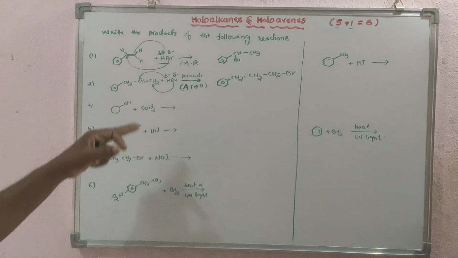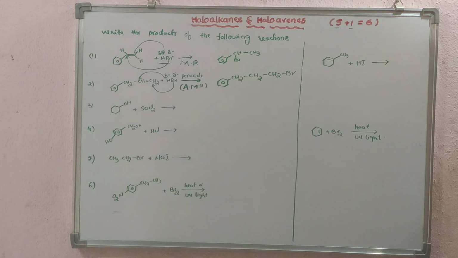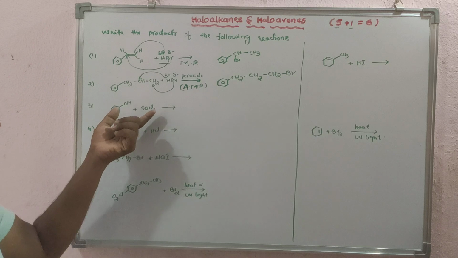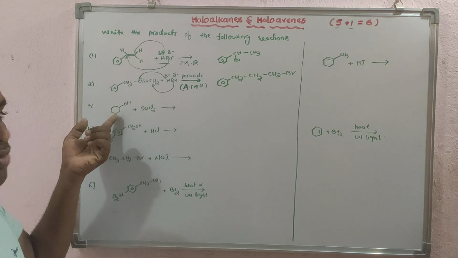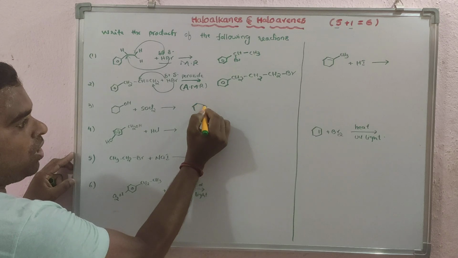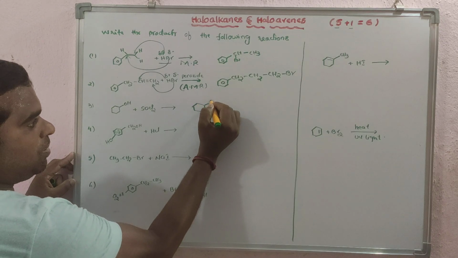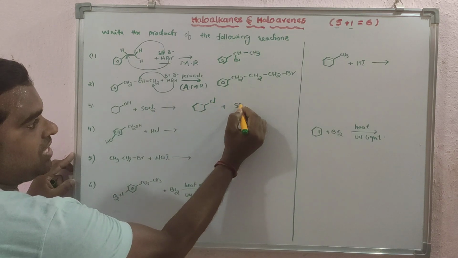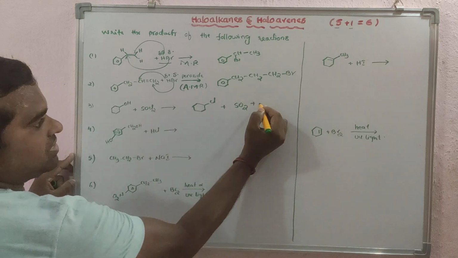Next one, OH plus SOCl2. You know this reaction? What is the name of this reaction? We have already discussed it previously. Darzens method, preparation of alkyl halides from SOCl2 with alcohol. OH will be substituted by chlorine, plus SO2 plus HCl.